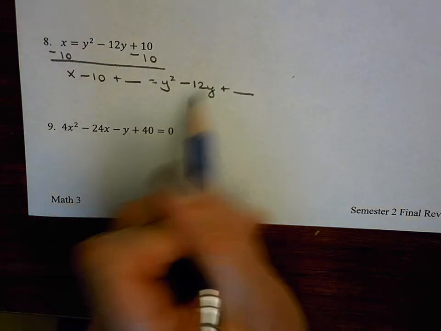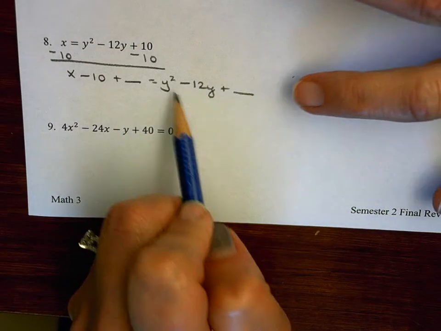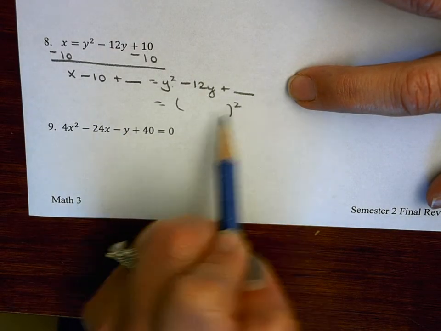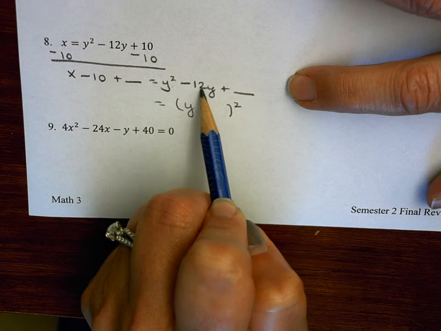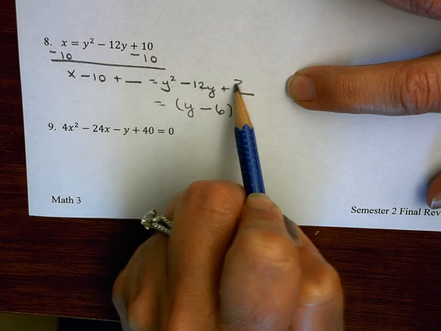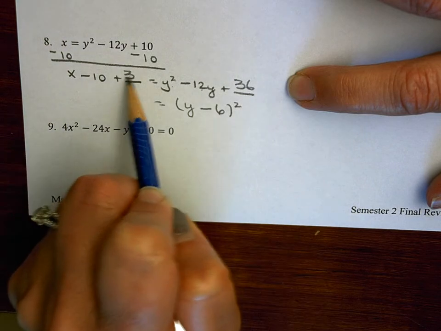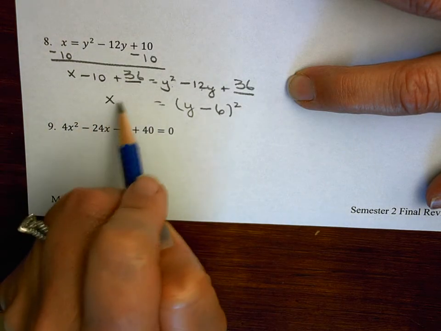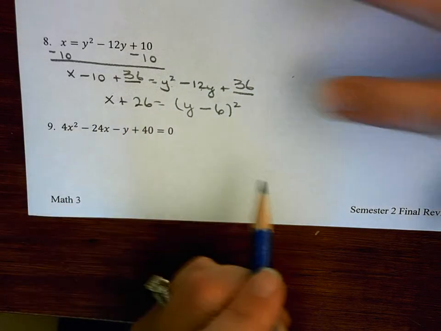So I'm going to do this side over here first though, right? So I'm doing the squared side, so this is the side that will group out because it's squared, so this will be y. So I'm going to take half of negative 12, and then negative 6 times negative 6 is 36, so I'm going to add 36 to both sides. And then 36 minus 10 is 26.